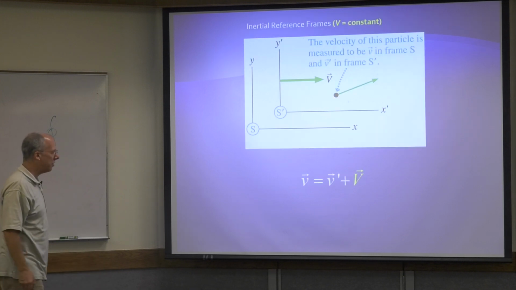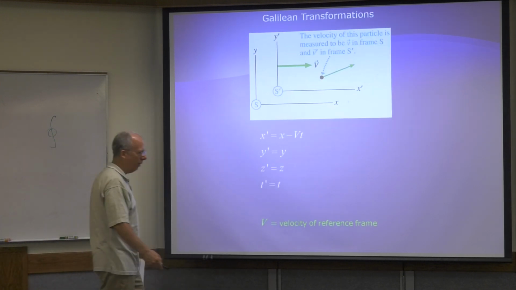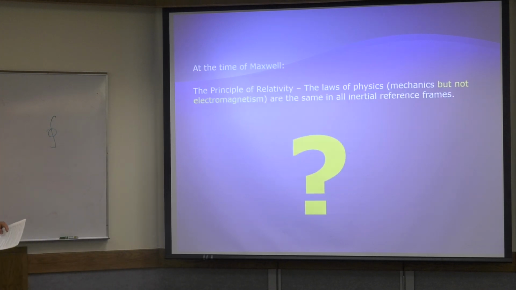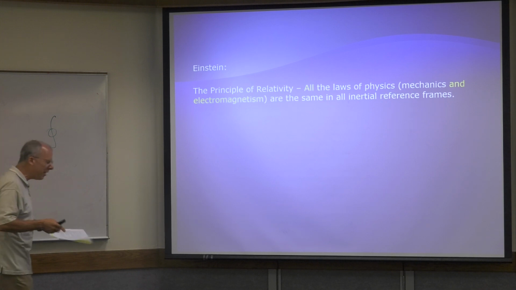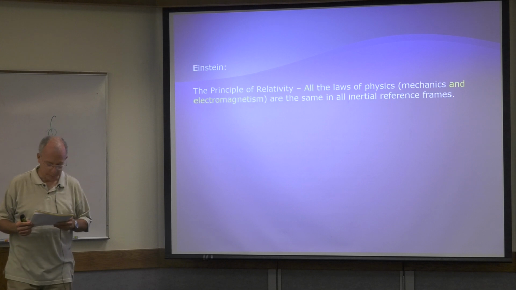The velocity equation agreed with the data. This agreed with the data. I mean, what do you mean these equations are wrong? Well, that's what Einstein said. He said, look, electricity and magnetism should agree with the principle of relativity. So the problem has to be with the transformation equations that Galileo came up with.